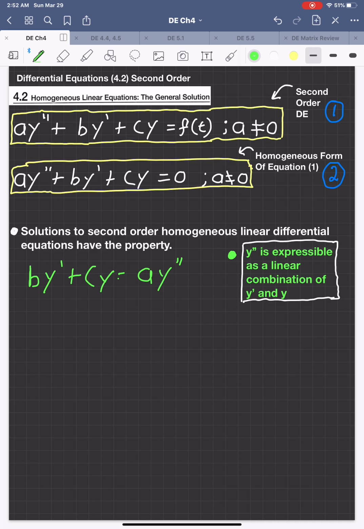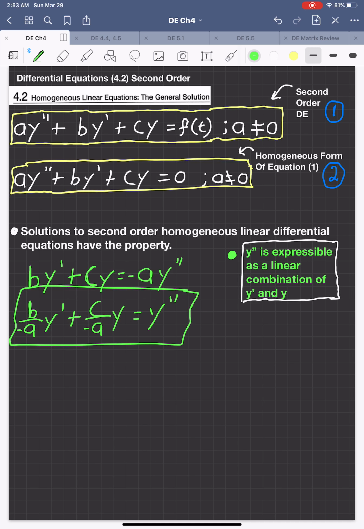Now I can go ahead and divide by negative a, right, if you really want me to. So this would be b over negative a times y prime plus c over negative a times y is equal to y double prime.